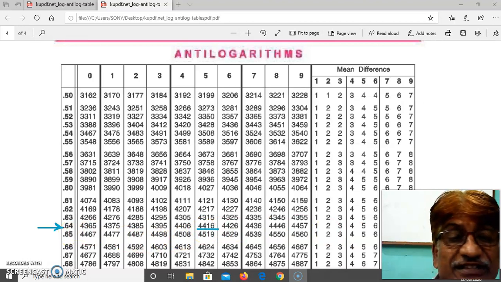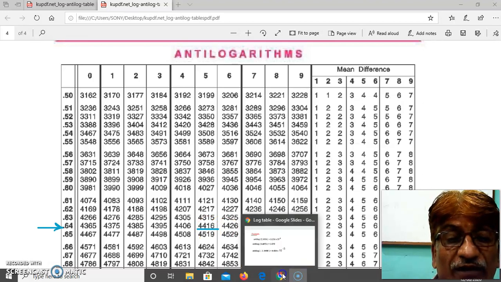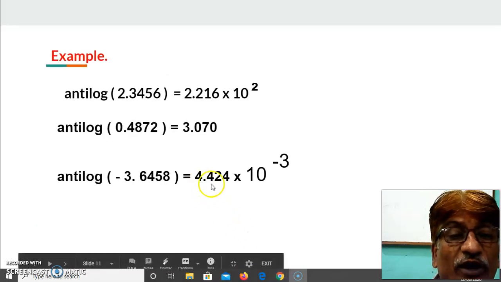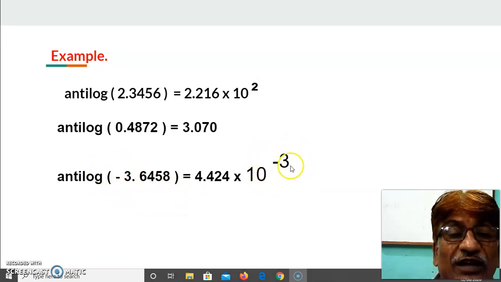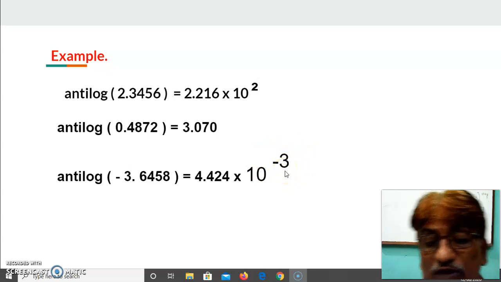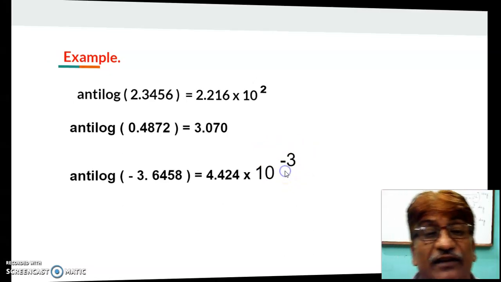Okay, this 8 is added in 16, that is 24. So it is 4.424. So our answer will be 4.424 into 10 to the power minus 3, and this minus 3 is given here. So we can find out antilog.